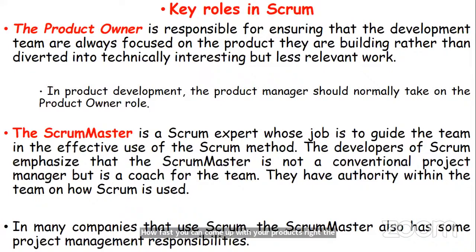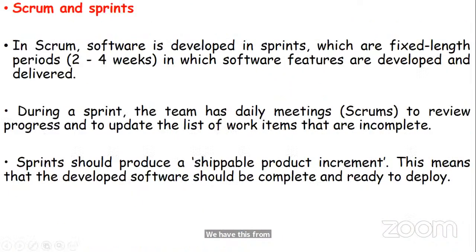They have different people with different roles in the Scrum, and they have specific duties to perform. So the key roles in Scrum: we have the product owner and the Scrum Master, as we have seen in previous slides.